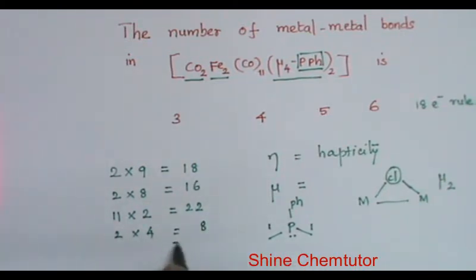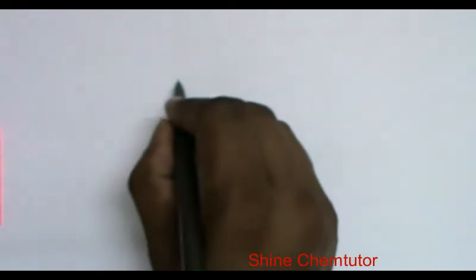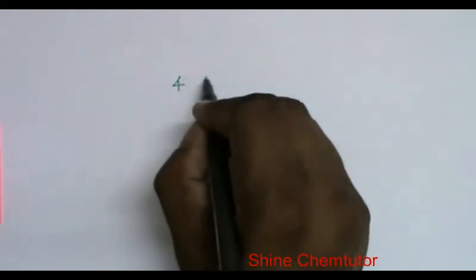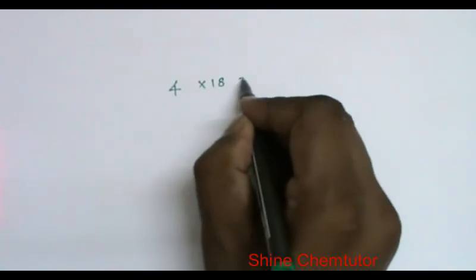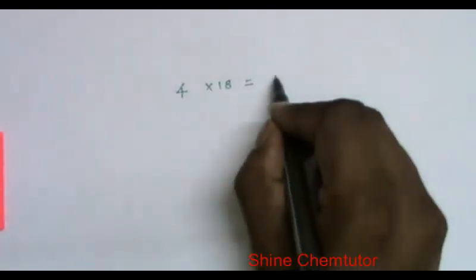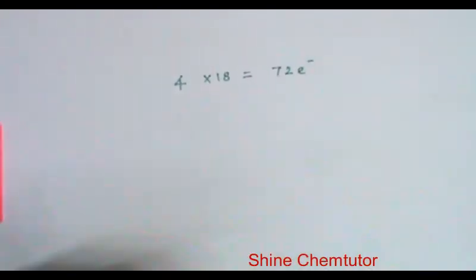If you add, it will be 64 electrons. Since there are 4 metal atoms, 2 cobalt and 2 iron, there should be 72 electrons.